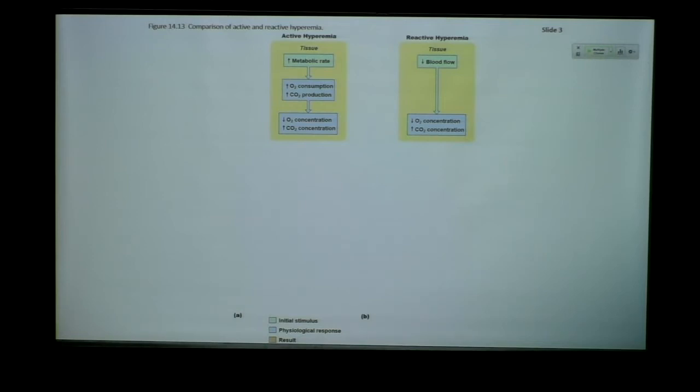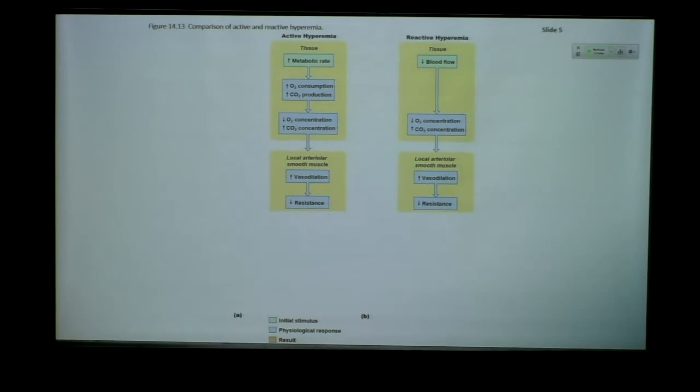If we're decreasing flow, we're going to have lots of carbon dioxide lingering around and not enough oxygen coming to the tissue. That will then stimulate local arterioles to vasodilate. So we have increased vasodilation in both of these processes, which leads to decreased resistance in both of these processes, right? Remember that decreasing the resistance is doing what to the radius of the arteriole?